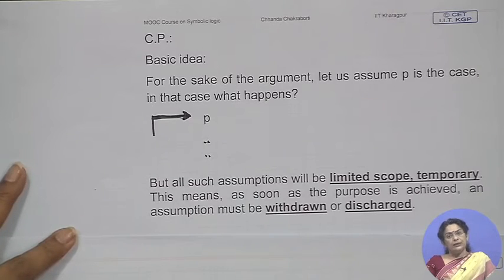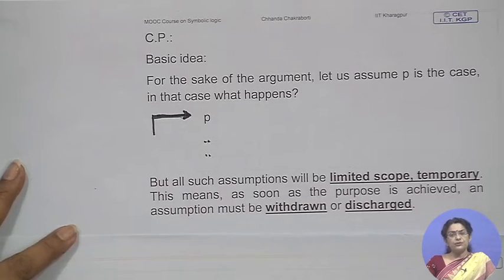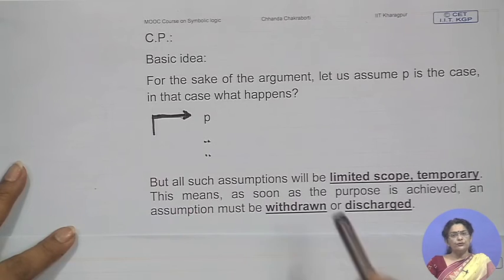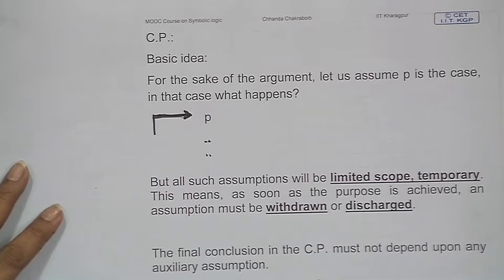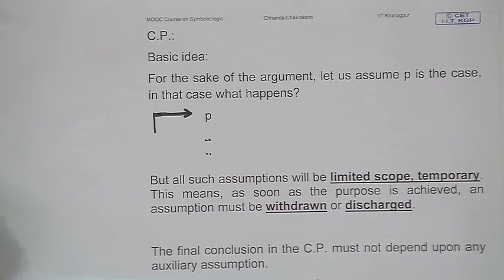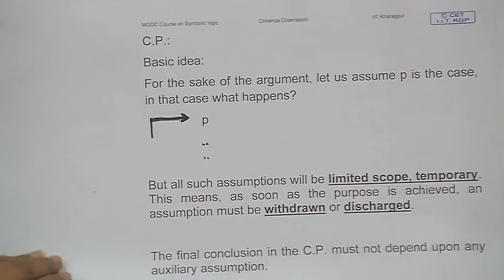Then within a limited period, as soon as you reach your target, there is a reason why you said let us assume P. Once you have reached that target, what the target is I will explain later, as before, you need to discharge or withdraw or close the assumption, and that is where the assumption will close also. So, the bent arrow will close down. The final line in a conditional proof will not depend upon any of the limited scope assumptions that you are going to make.